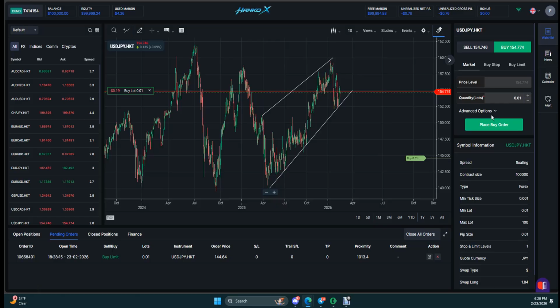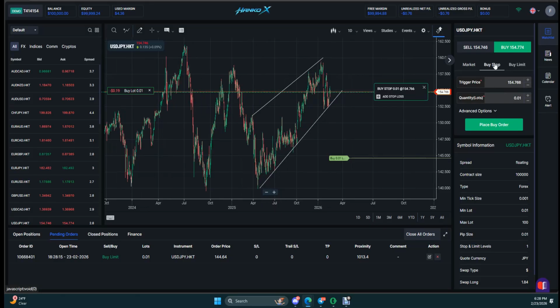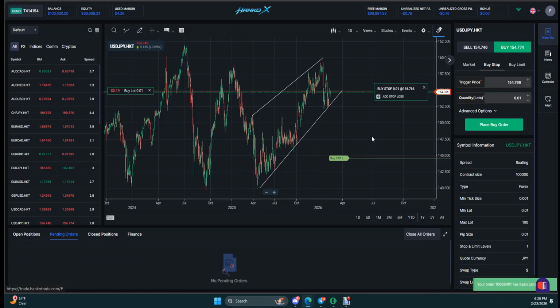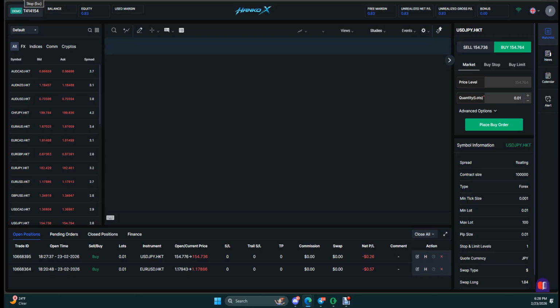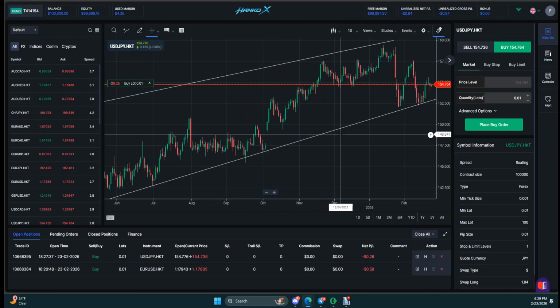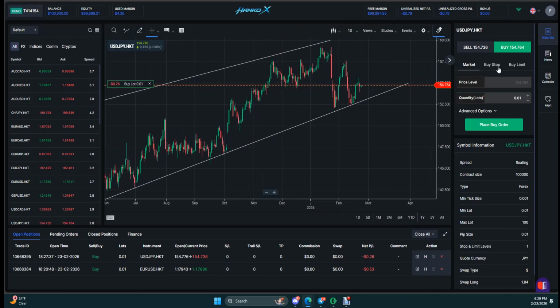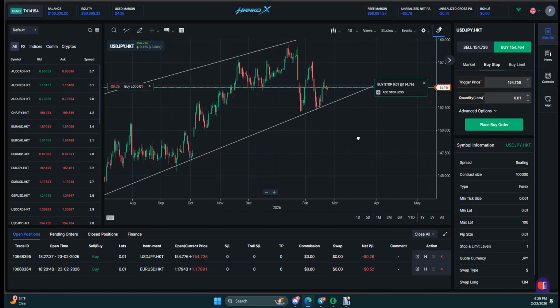All right, now a buy stop is a little different. I'm going to erase this buy limit just to get it off the chart. I'm going to refresh it too because it's still there. Okay, now a buy stop is different. This is how a buy stop is.